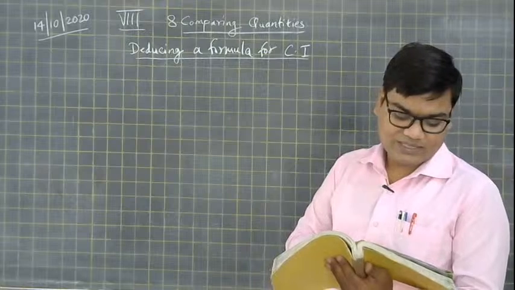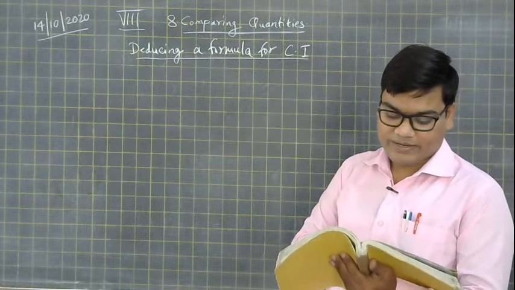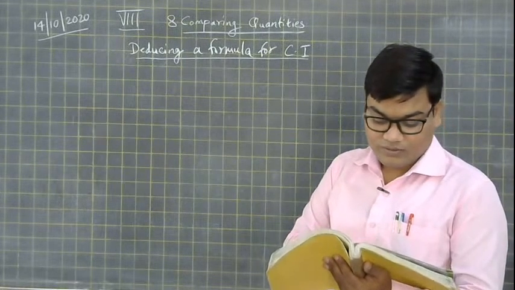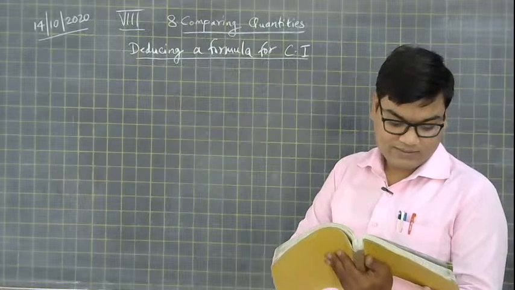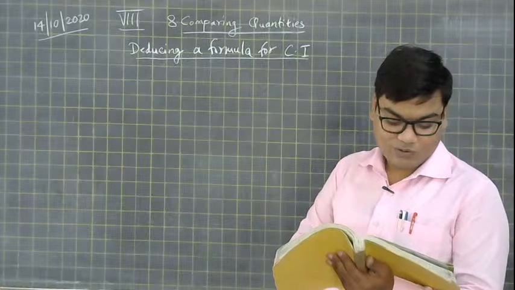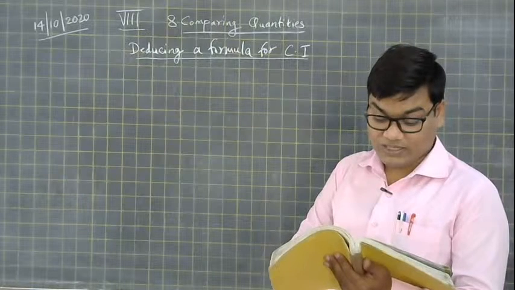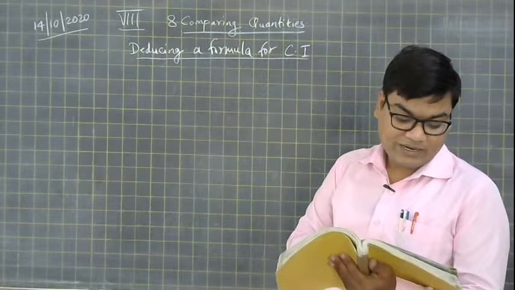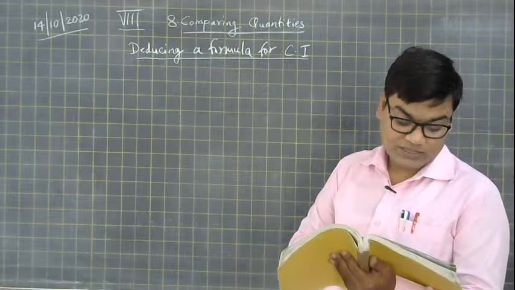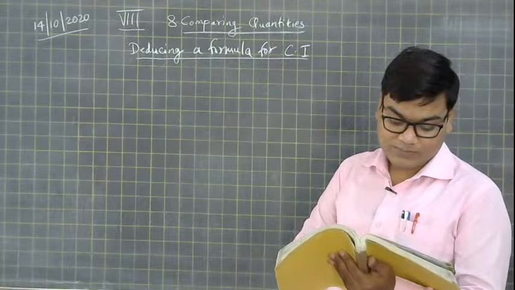Suppose P1 is the sum on which interest is compounded annually at a rate of R% per annum. Let P1 be equal to 5,000 and the rate be 5% per annum.